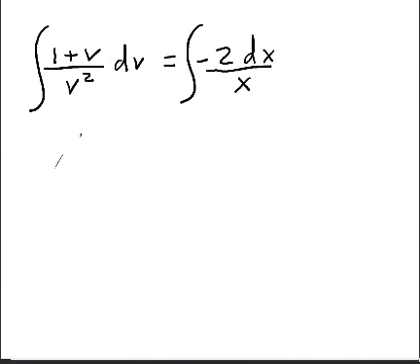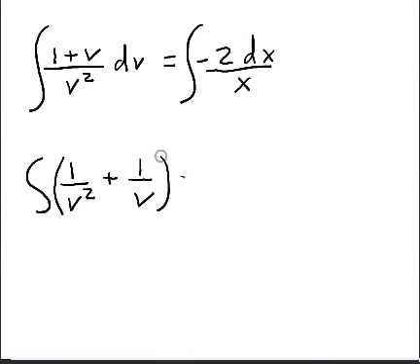Okay, so what you want to do, this isn't so bad. There's a lot of very complicated integrals running around out there, but this one's not bad. See, because you can write this as 1 over v squared plus 1 over v, right, dv. And this one I'll just take care of right here.